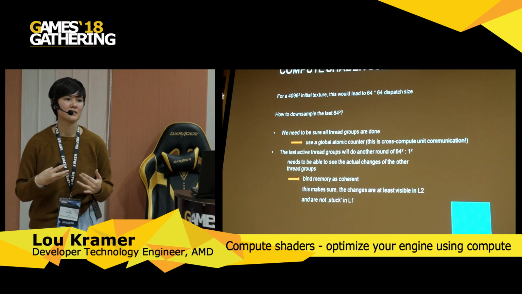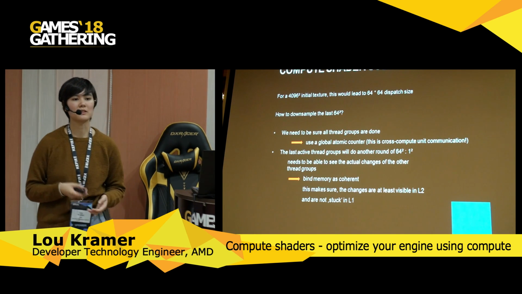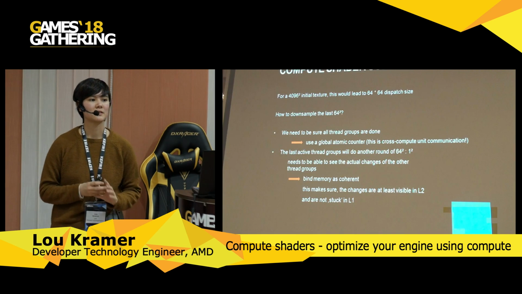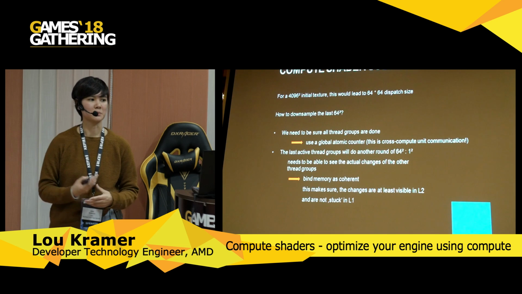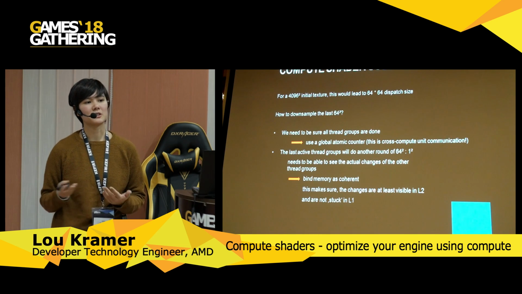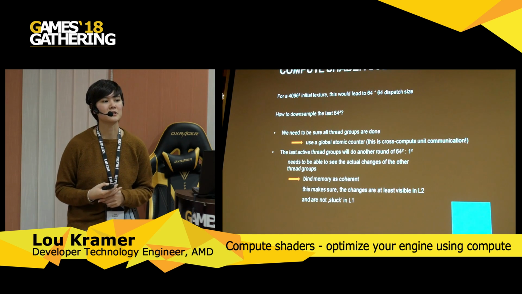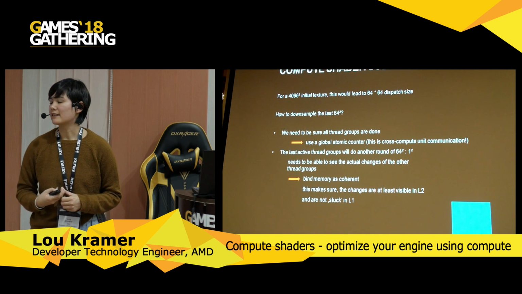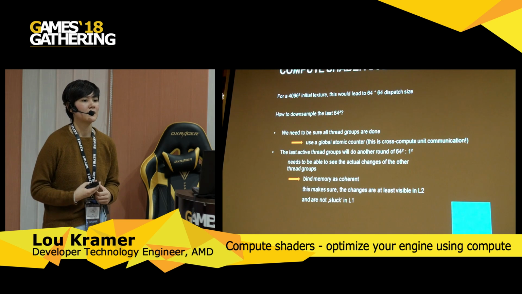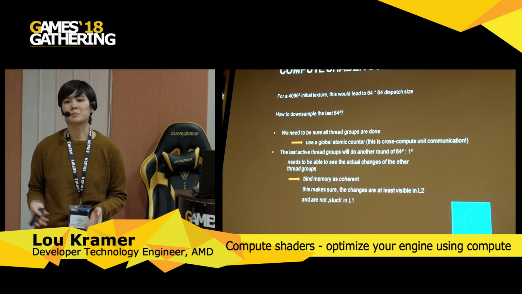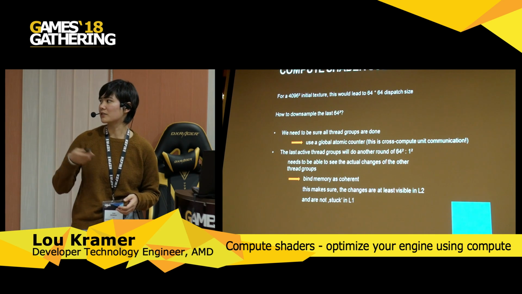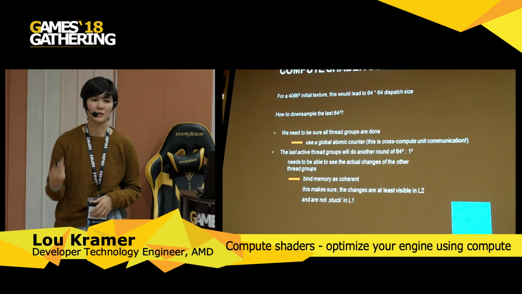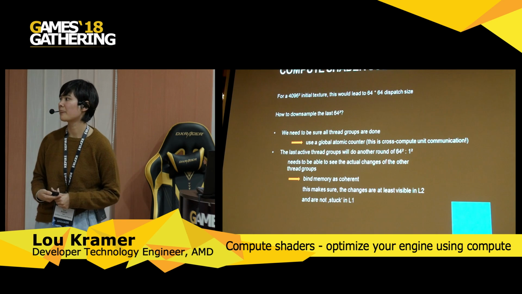We can't get away from it because we need to be sure that all the thread groups are done, so that we know this intermediate level is computed completely and we can downsample it again. But this is okay because it's basically just a global atomic counter, just one integer which gets increased. And then the last active thread group will know it's the last one, according to the counter's value: I'm the last one, and I need to do another round of 64 down to 1.